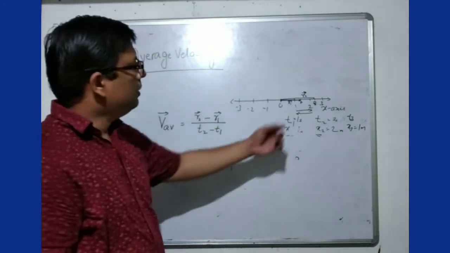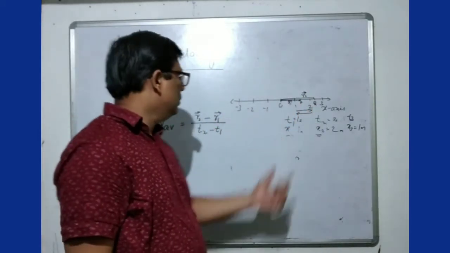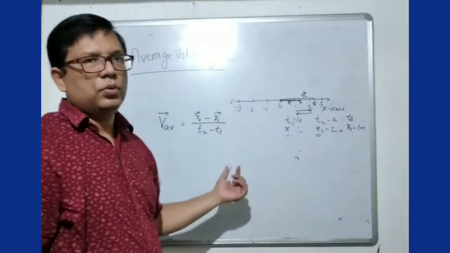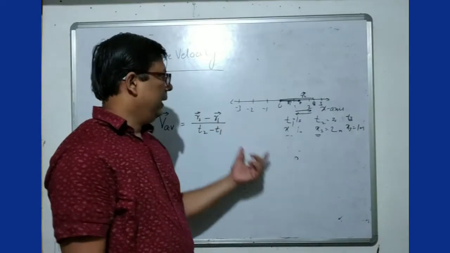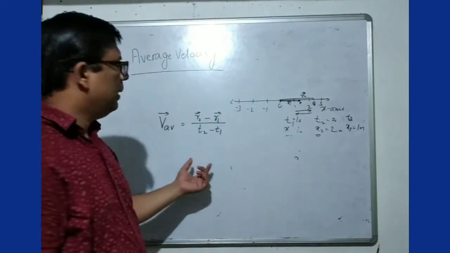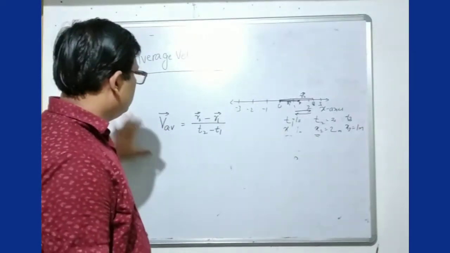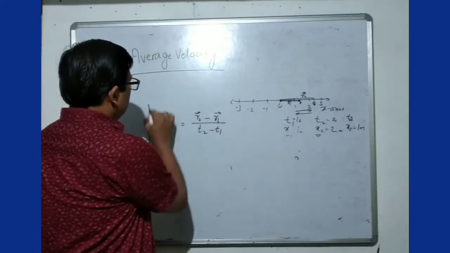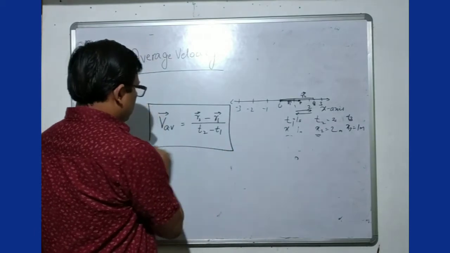What will be the displacement between this P and Q? That will be simply R2 minus R1. And the time interval is T2 minus T1. So average velocity will be R2 minus R1 upon T2 minus T1.